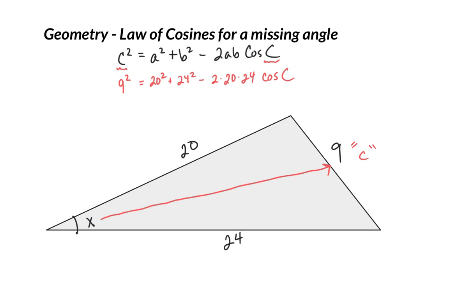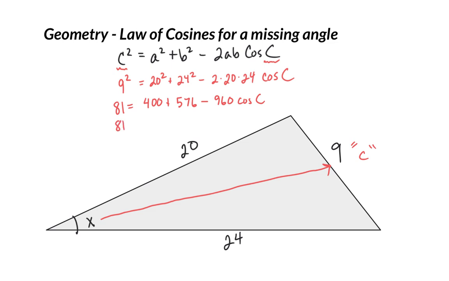What I mean by that is, 9 squared is 81. 20 squared is 400. 24 squared I typed in is 576, minus 2 times 20 times 24, which is 960.